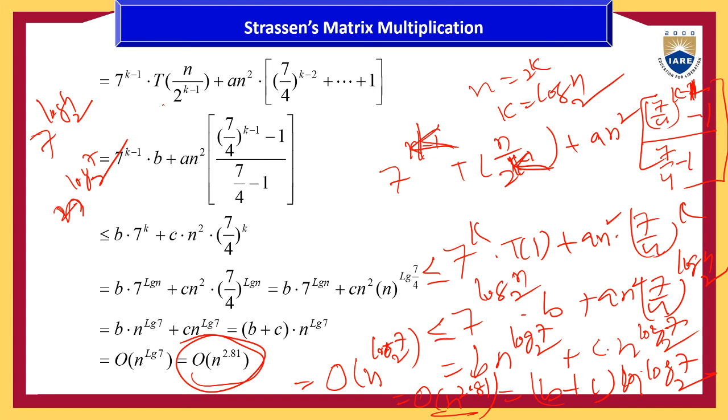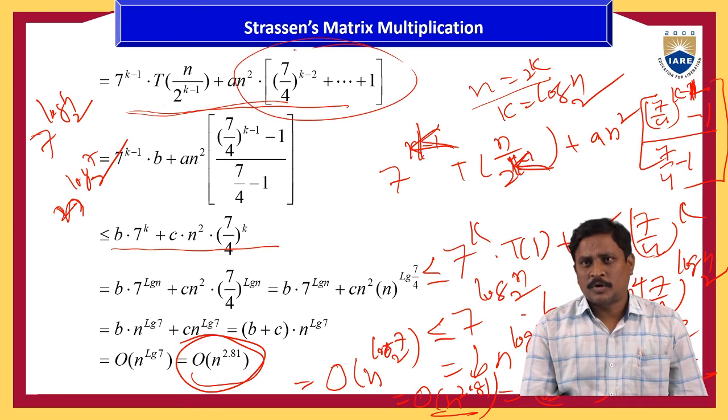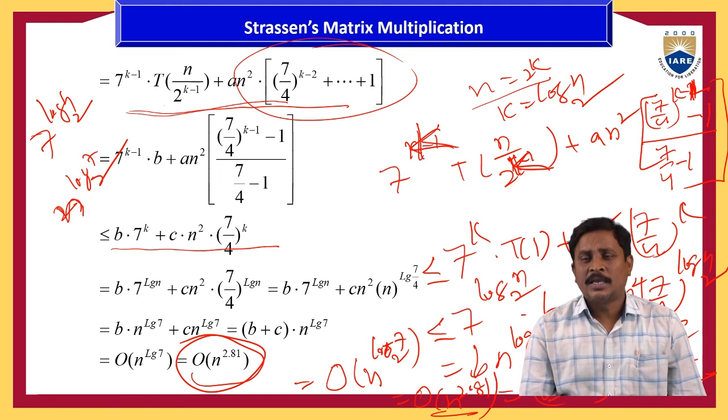In place of n we substitute 2 power k. Substituting this, we get this equation, b into this, and also here we see that this is a geometric progression: 1 plus 7 by 4 and so on plus 7 by 4 whole power k minus 2, which is the form of 1 plus ar plus ar square and so on. The formula is a into r power n minus 1 divided by r minus 1.